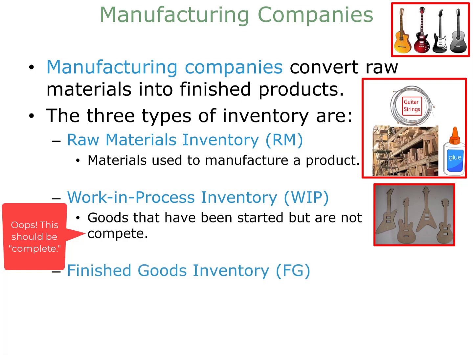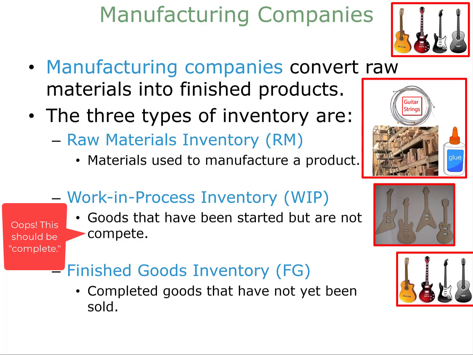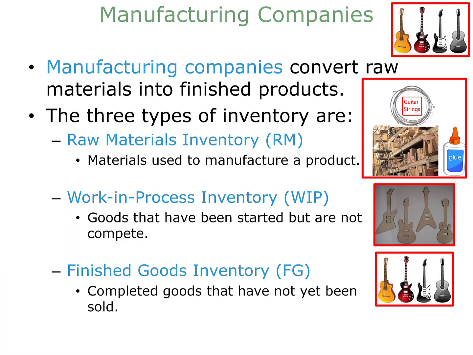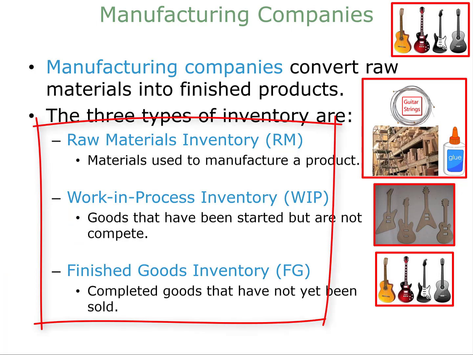The last inventory account that manufacturers have is finished goods inventory, often abbreviated as FG. These are the completed goods that have not yet been sold. So for our guitar manufacturer, these are the finished guitars and the display cases that are waiting to be sold. In this class, we'll be talking about these three inventory accounts a lot, so it's critical that you understand them.